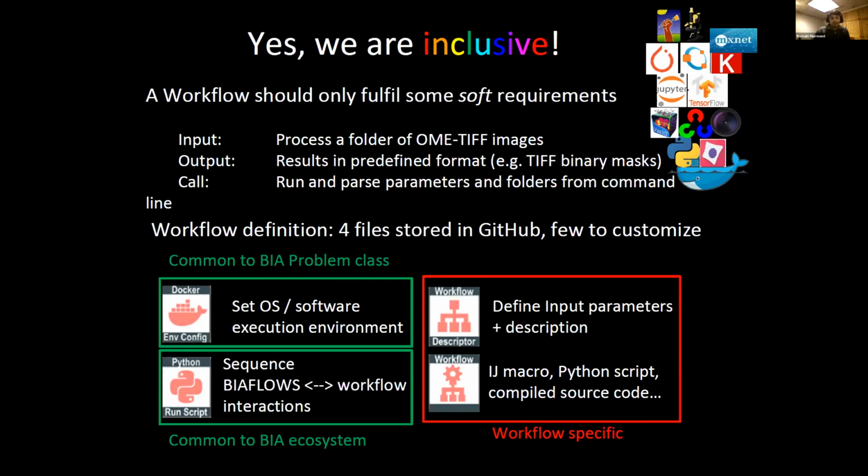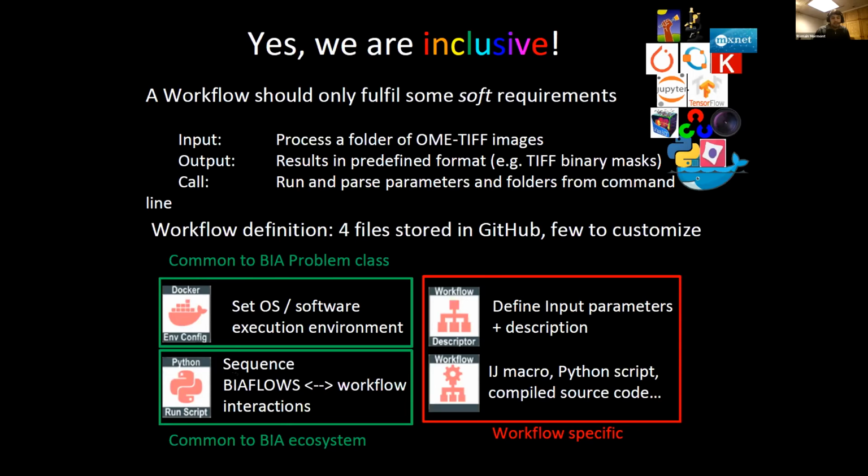And then to define the workflow itself, there are four main components that you have to define. You have obviously the workflow itself, which can be a macro, a Python script, an executable, anything that you would use to implement your workflow. You need a descriptor to define the input parameters and give a quick description of the workflow itself. And then you need to specify the environment, as I said, with the Docker file.